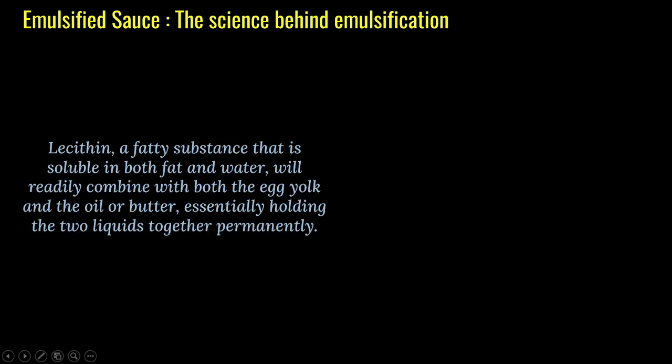Lecithin is a fatty substance that is soluble in both fat and water and will readily combine with both the egg yolk and the oil or butter, essentially holding the two liquids together permanently. So that is the job of lecithin, holding it. It is both fat soluble and water soluble, and it holds the two liquids together permanently or semi-permanently, as you know.